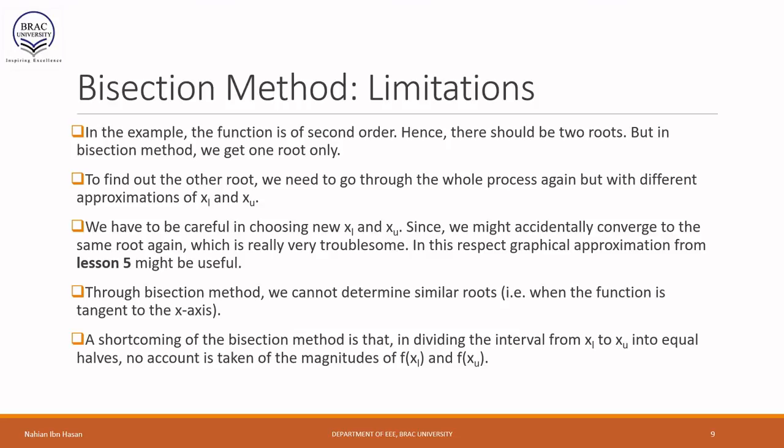Also, whenever we approximate our new root, we take the mean of the boundary, that means the mean of the lower boundary XL and the upper boundary XU. We do not take into account the magnitudes of f of XL and f of XU. So it might happen that in some cases, practically, the function value at one point is much lower or much higher than the function value at the other boundary. In the bisection method, we do not take this into account.